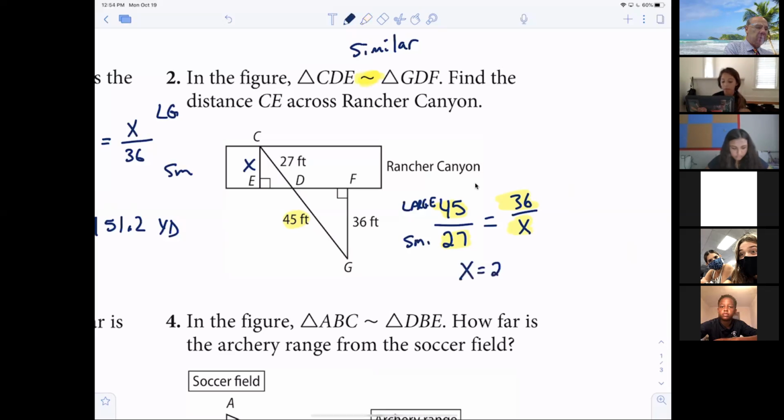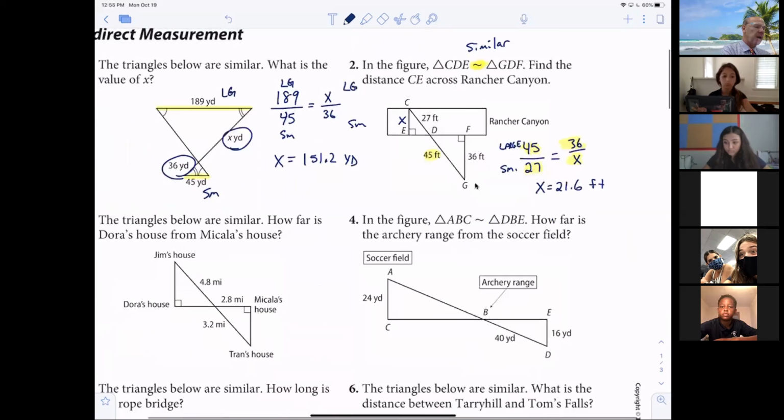X equals 21.6. 21.6 what? Does anybody have any issues with 21.6 feet? Any questions? All right, let's take a look at number 3 now.